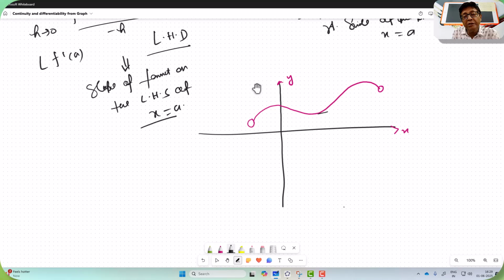Any point you draw tangent, this has unique tangent. So it will be differentiable everywhere. This is maybe the graph of a polynomial function. This function is differentiable everywhere.